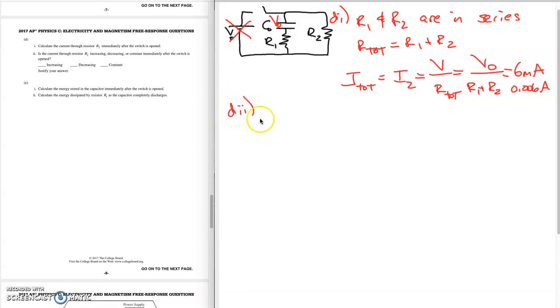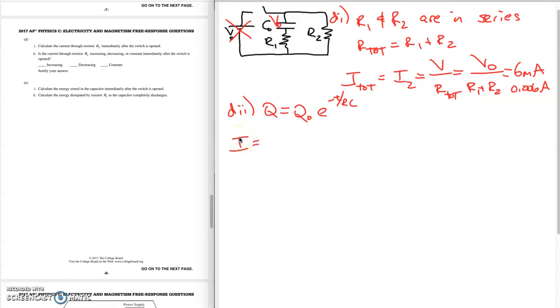D part 2. Is the current through the resistor increasing, decreasing, or constant? So as soon as we open the switch, the first charge jumps off the capacitor and runs around. The second one jumps off a little bit more slowly, and the capacitor will be discharging according to a previously derived equation that is exponential decay.